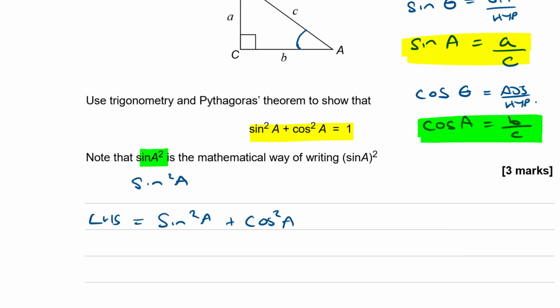So if sine A is A over C, then sine squared A is going to be A over C squared, and my cos squared A is going to be B over C squared.